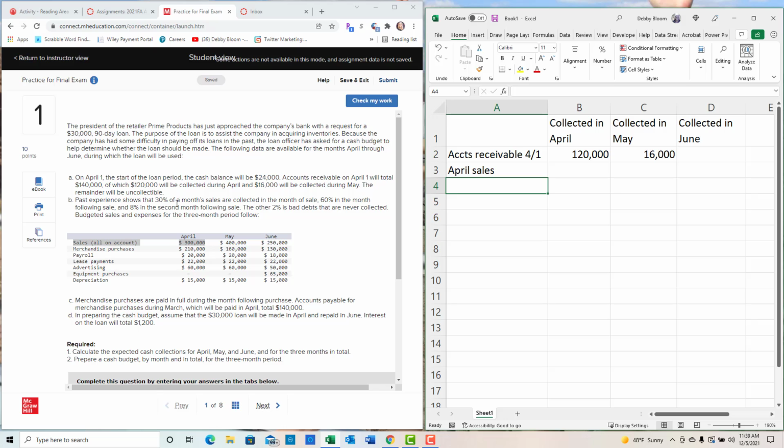We're told in the problem 30% are collected in the month of sale, 60% in the month following sale, and 8% in the second month following sale. So for April, the month of sale is April, the month following is May, and the second month is June.